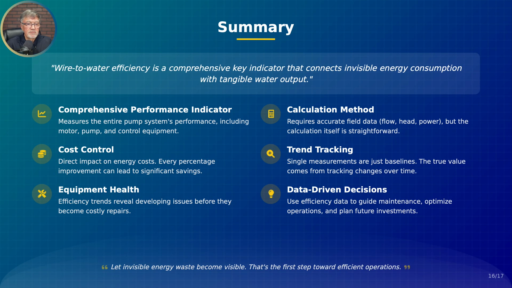All right, summary. Wire to water efficiency is a comprehensive key indicator that connects invisible energy consumption with tangible water output. So we don't always see our energy consumption, but when you're doing these calculations like wire to water efficiency and our kilowatt hours per million gallons, now we're starting to see how that connects back to our energy usage, and we start to get at where we can become more efficient.